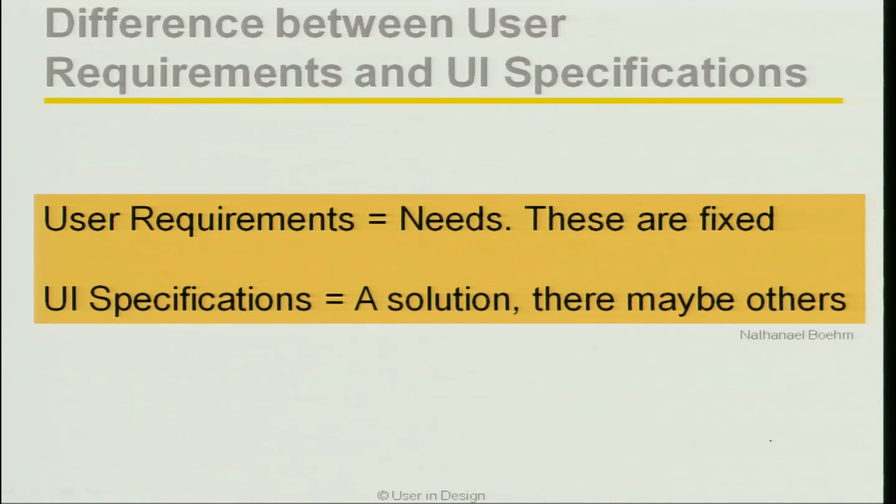Whereas your specifications are a particular solution. They are one solution. There may be other solutions. Through the need, you're trying to find out what are the possibilities of solutions, okay? So that we don't start with this one solution and end with that one solution, okay?